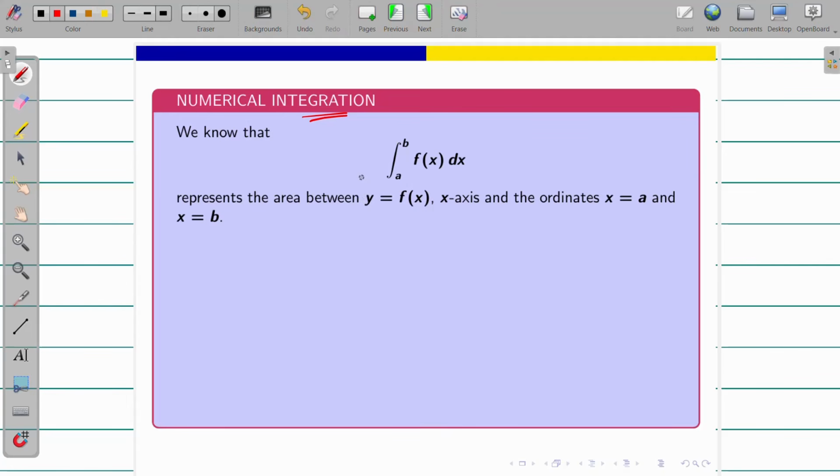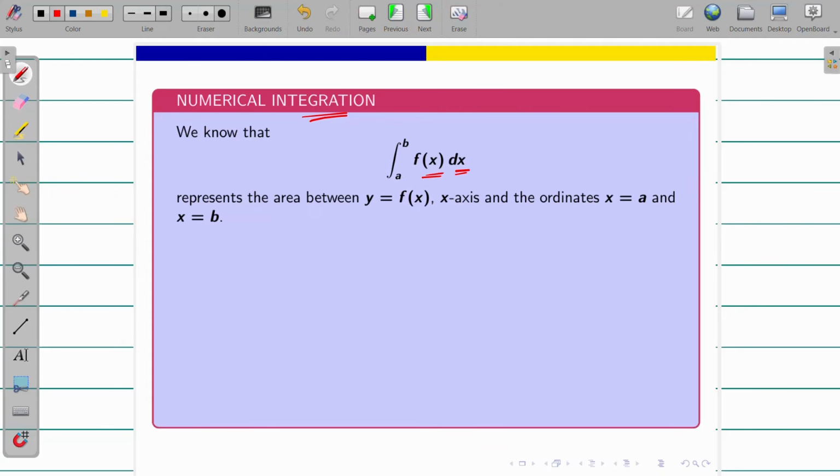What is numerical integration? Analytically, we know how to solve it. If it is a definite integral, there will be a lower limit, an upper limit, and the function with respect to which we are going to integrate. You studied line integrals, double integrals, triple integrals, and multiple integrals in the first year, so it is a known topic.